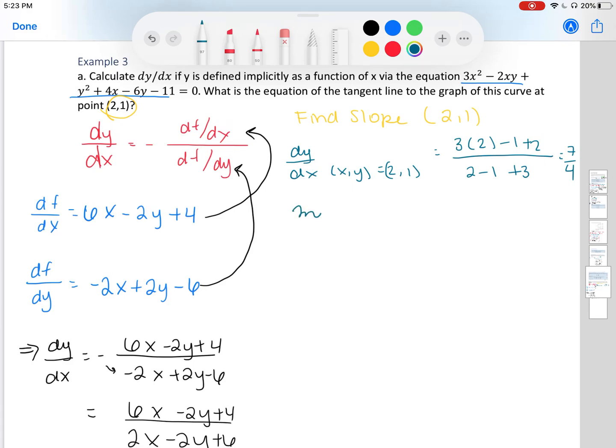So our slope is 7 over 4. Now we use our point-slope formula. We have y minus 1 is equal to 7 over 4 times x minus 2. So our answer is y equals 7/4 x minus 5/2.